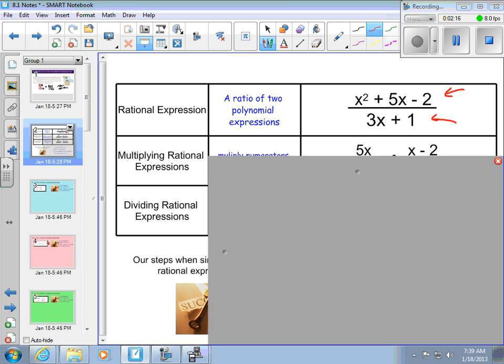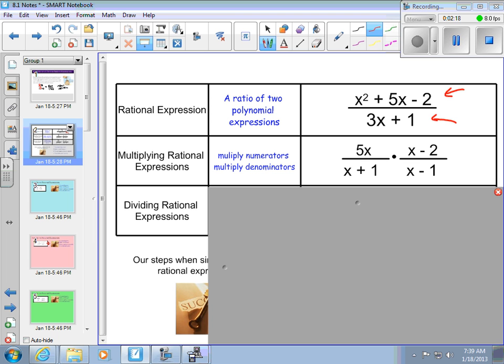All right, multiplying. What do we do when we multiply? When we multiply rational expressions, you want to do two things. Anytime you're multiplying fractions, you want to multiply across the numerators. You also want to multiply across the denominators. So in this example, that's what we'd want to do to simplify.